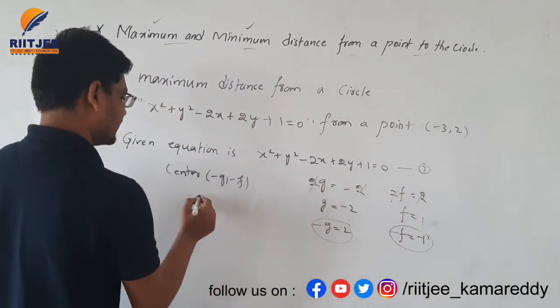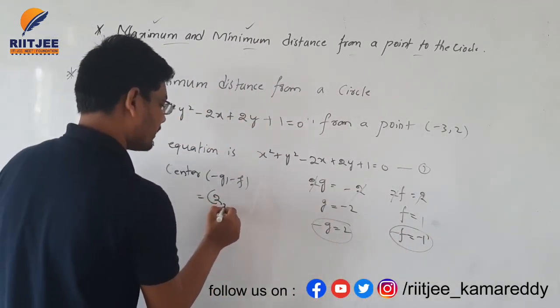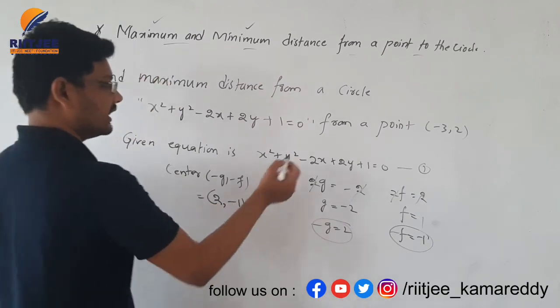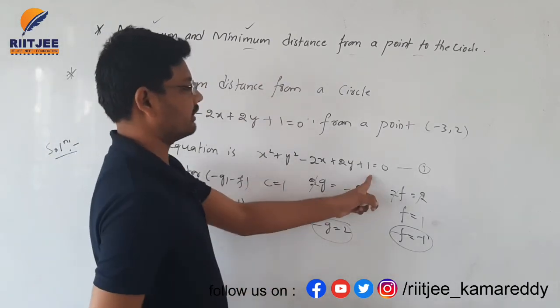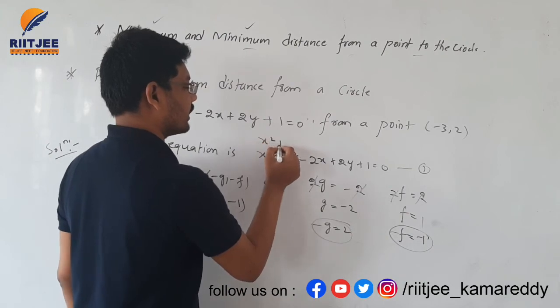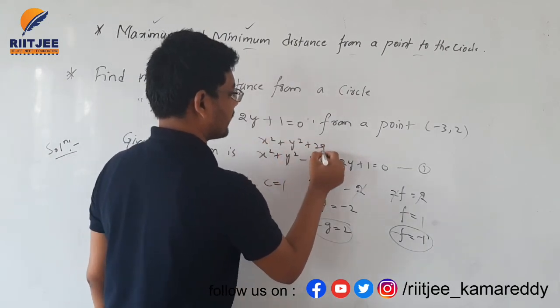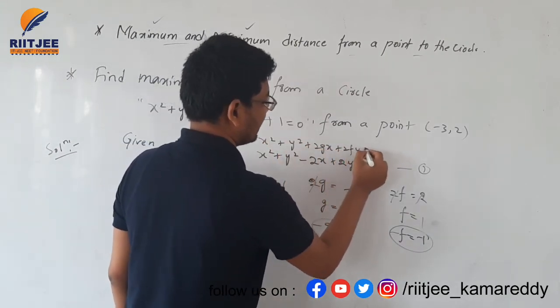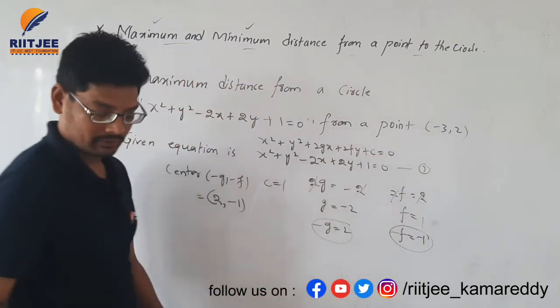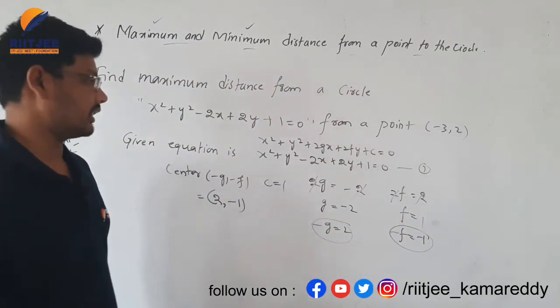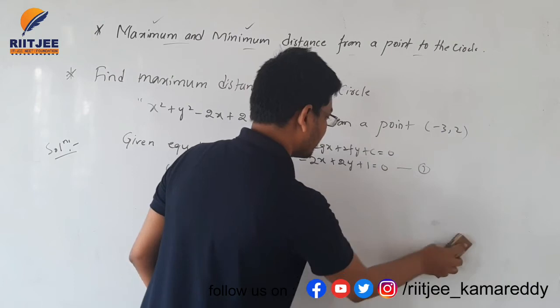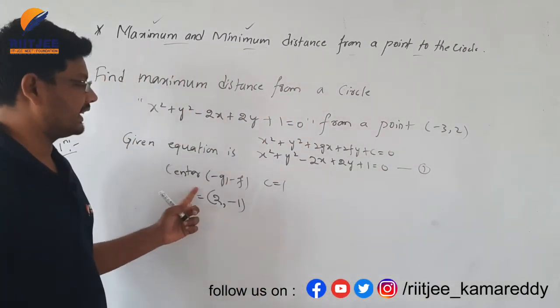So the center is (1, -1), and the c value is equal to 1. If you compare with x square plus y square plus 2gx plus 2fy plus c equals 0, this is the general form of the circle equation. From this equation I am finding the center and c.